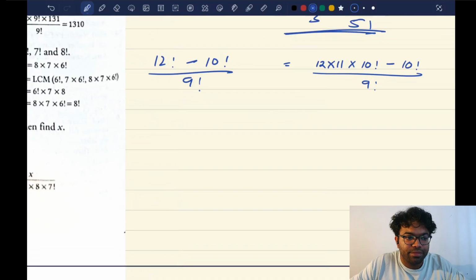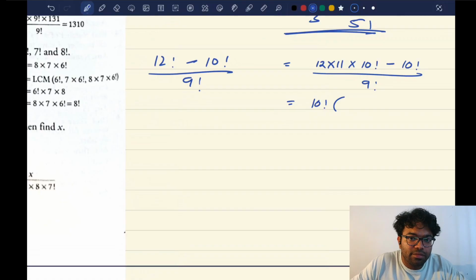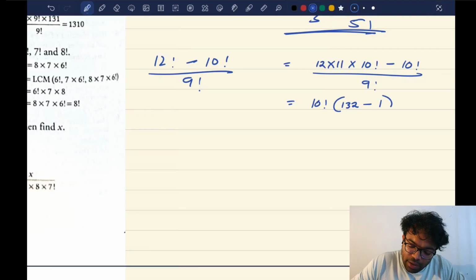Am I right? So I can take out the 10 factorial from the top. If I remove the 10 factorial, what will be left? 12 into 11 is 132, right? Minus 1 upon 9 factorial.